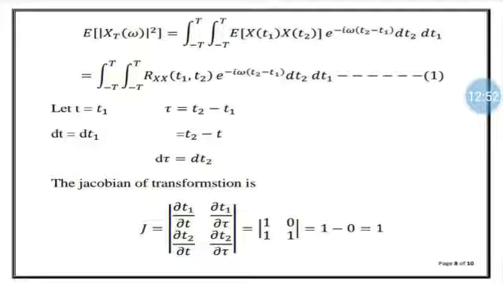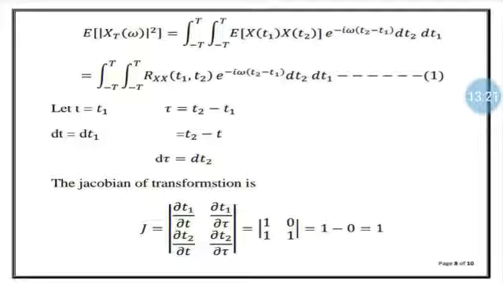Now, find the Jacobian of transformation. The Jacobian of transformation is J equal to the determinant of dou t1 by dou t, dou t1 by dou tau in the first row. The second row is dou t2 by dou t, dou t2 by dou tau. First, t equal to t1. So, partially differentiating t1 with respect to t, we get 1.